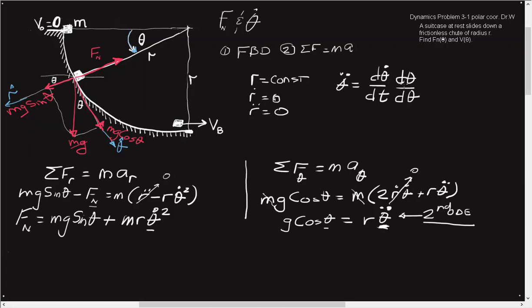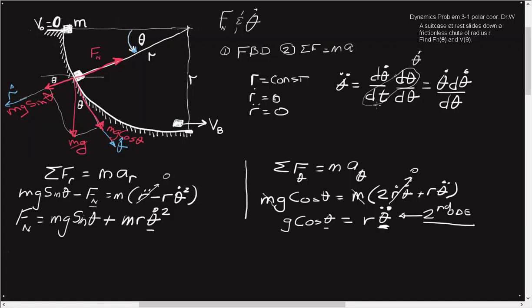And the benefit to doing that is it will turn it into, this is theta dot by definition, so this becomes theta dot d theta dot d theta.